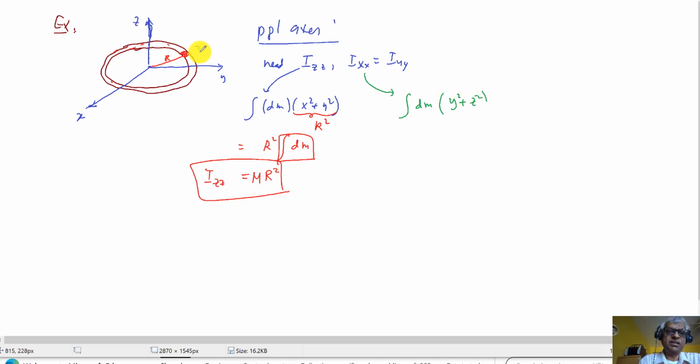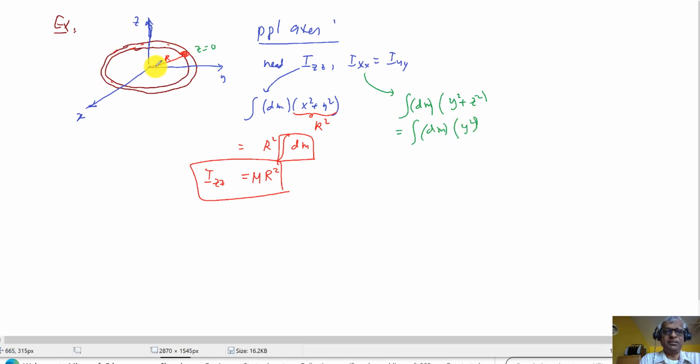Of course, z is equal to 0 here because everything is in this plane. So this just becomes the integral of dm y squared.